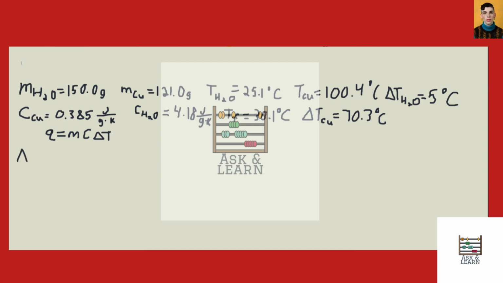So this is going to be part A. We're going to use Q equals MC delta T. Q Cu is going to be equal to 121 grams times 0.385 joules per gram Kelvin, times the difference in temperature, which is going to be a negative 70.33 degrees Celsius, because remember, we're going from a high temperature to a low temperature.